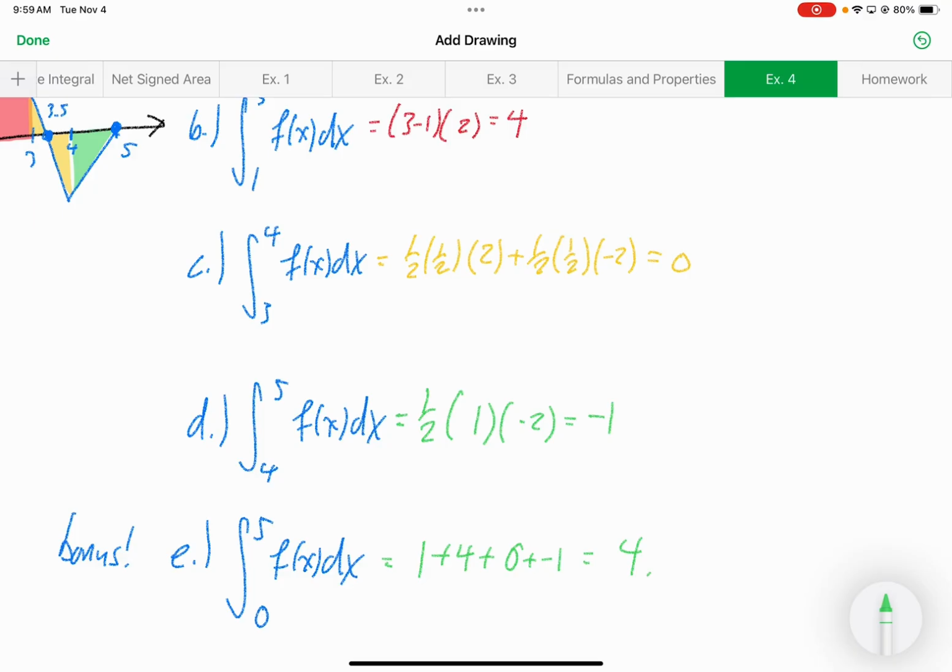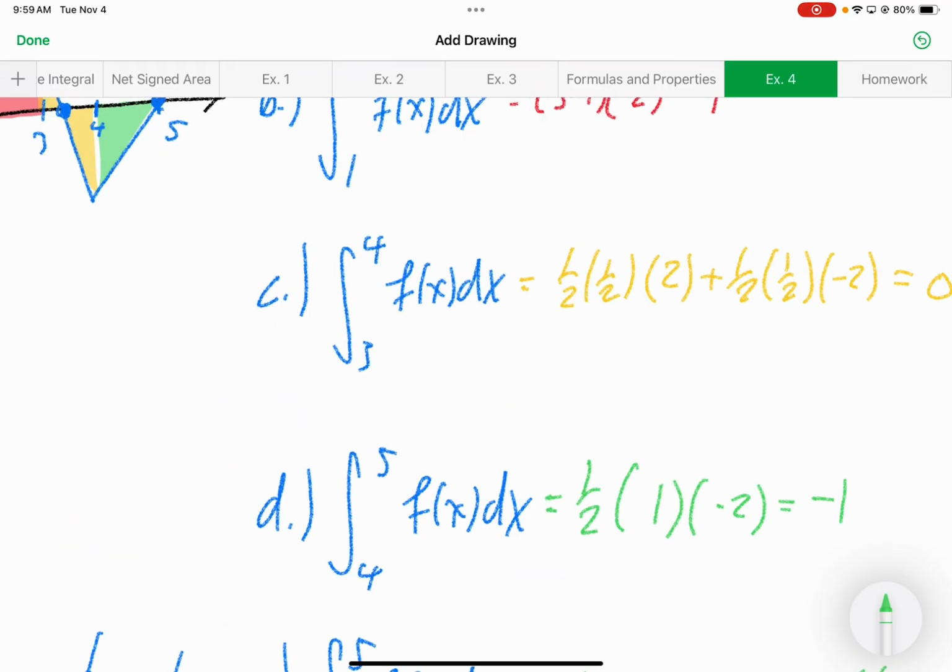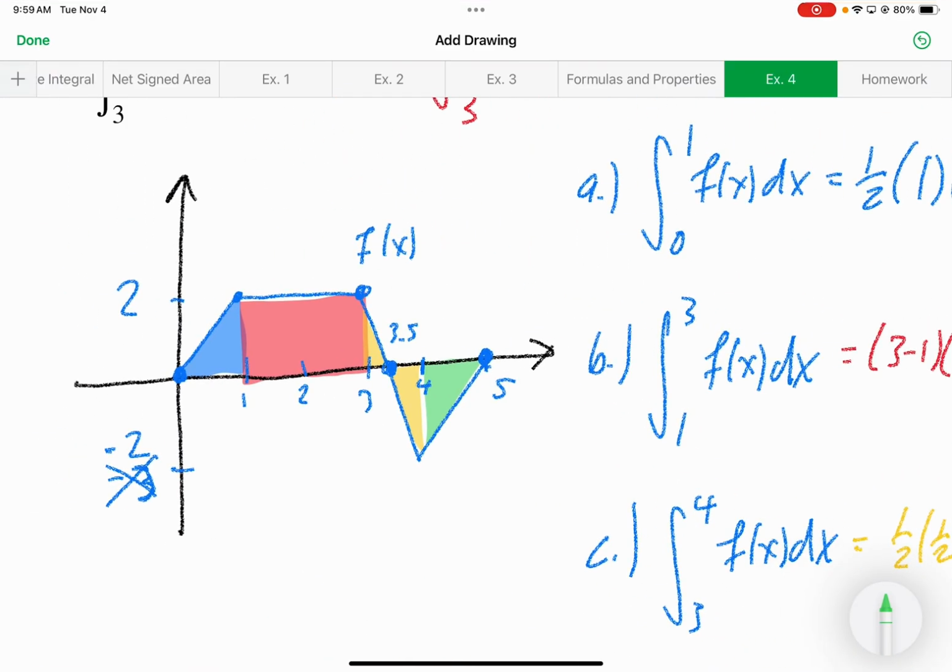My net change. Okay? Think about it this way. If this represented velocity, so let's say f of x was actually my velocity function, v of t, whatever, I would start by going to the right. So going in a positive direction, right? So I'd start by moving in a positive direction, and then constant velocity. And then my acceleration would change.